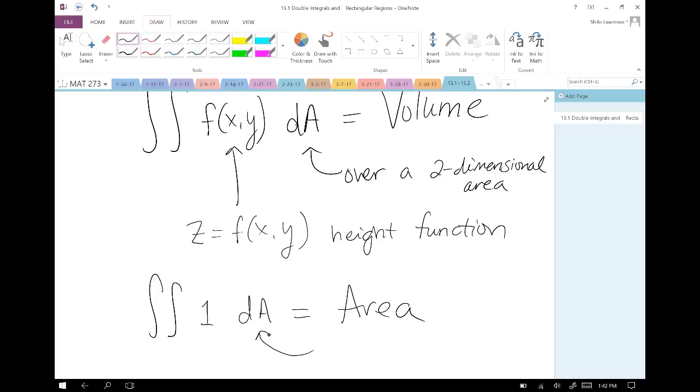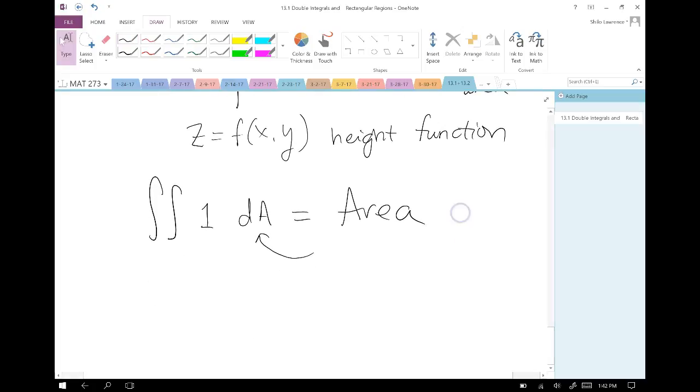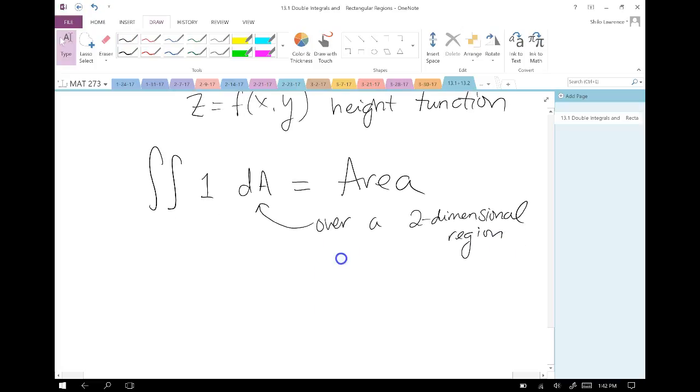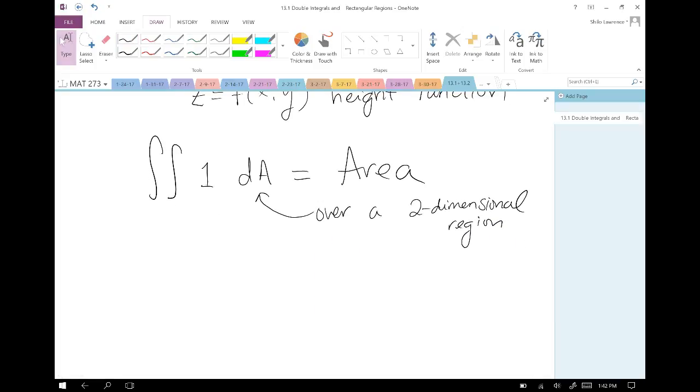If you find the area of a two-dimensional region, and I'm going to draw this picture. The units are not going to match up, but the value will. So if we have some two-dimensional region, x by y, and I take that exact same two-dimensional region and give it a height of 1.